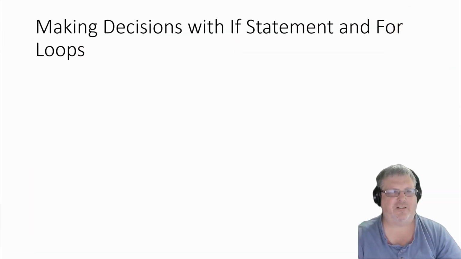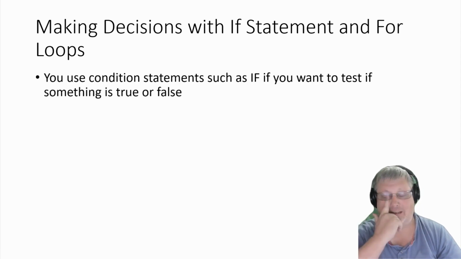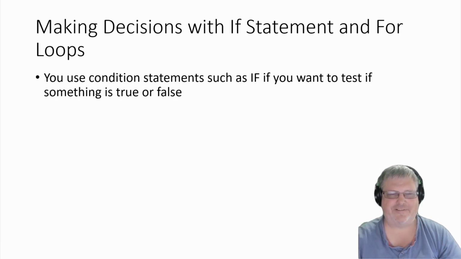We are going to talk about making decisions with the if statement and for loops within Python. The if statement is called a conditional statement within programming. It is used to test if something is true or false.